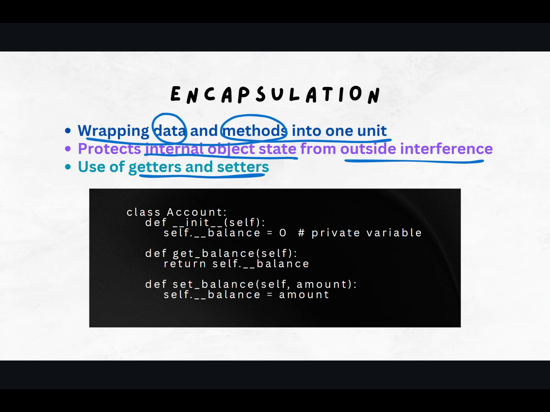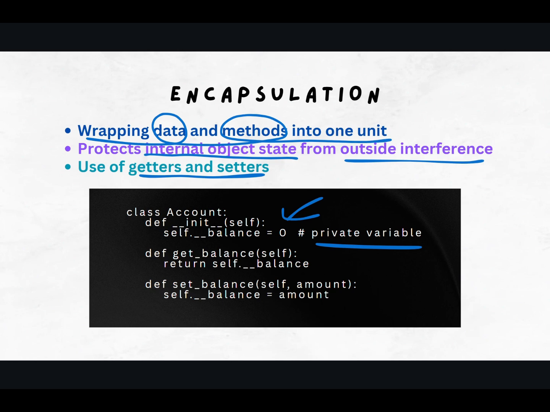So what is a getter? So see, we have an attribute called balance in this class Account, which we have initialized to 0 at the start. Now this is a private variable, so it can only be accessed by this class only. So when we do get_balance, we will return self.balance. So that will help us to get the balance. This will return the user the balance so that they can see what their account balance is.